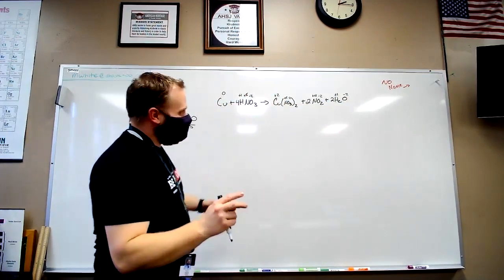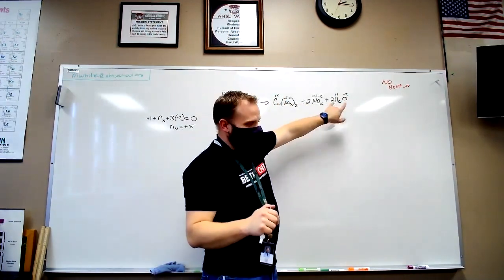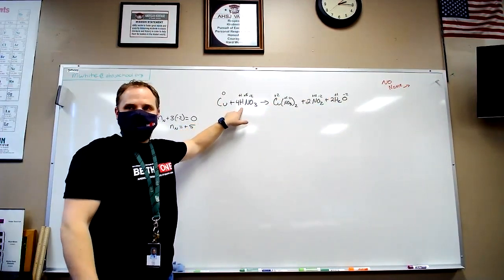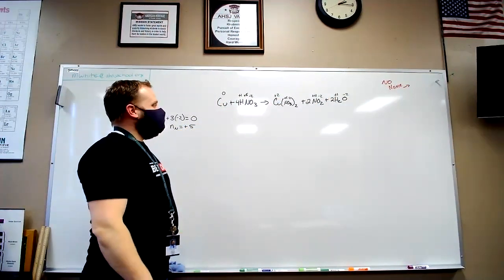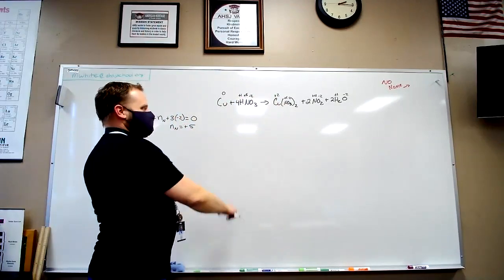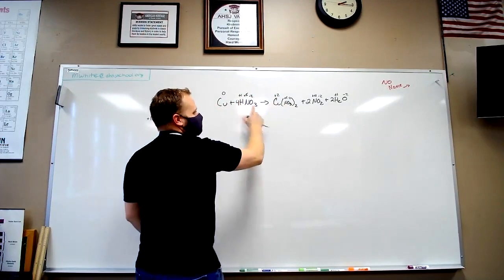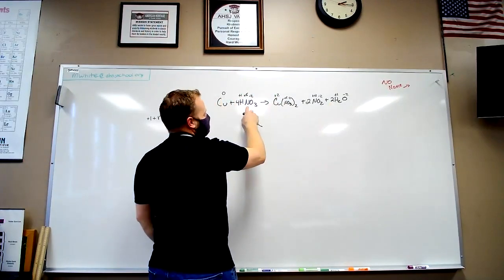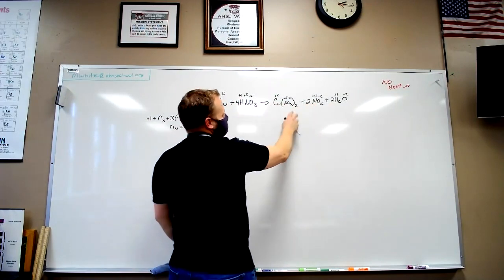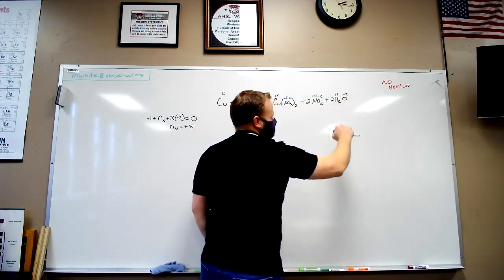And you might be thinking, oh, wait, that changes our hydrogen. It does, but we needed to change it because we changed our hydrogen there too. So now we're done. That is balanced. We can double check it. 1, 1, 4, 4, 4, 1, 2, 3, 4, 12, 6, 10, 12.